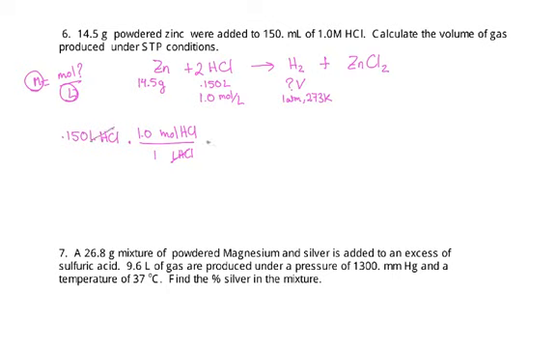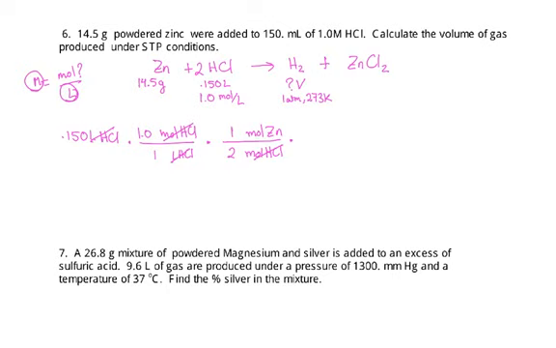Next, I'm going to go from moles of HCl to moles of my other reactant, which is the zinc. And I link between those two using the molar ratio from the equation. So there's 1 mole of zinc for every 2 moles of HCl. So my moles of HCl cancel. Now I have moles of zinc.